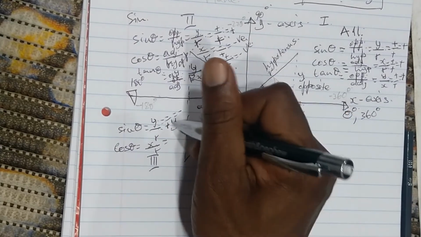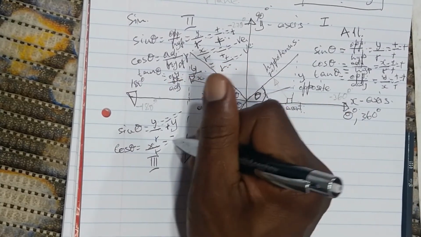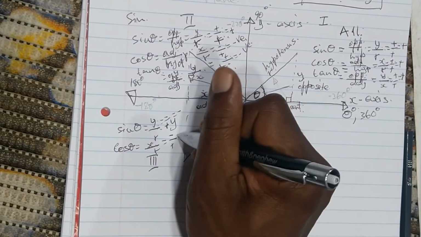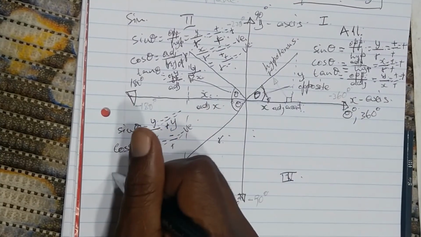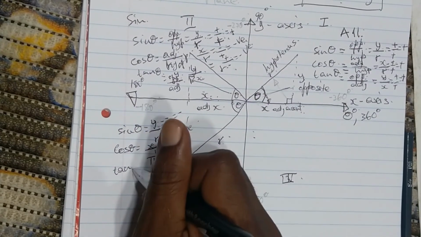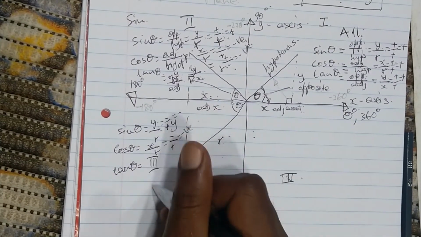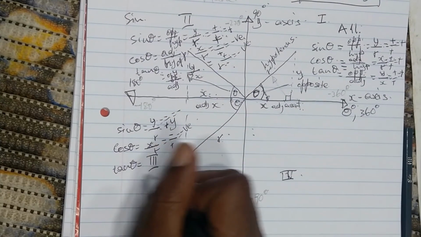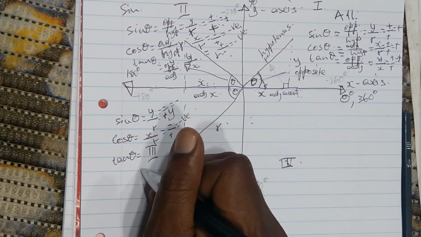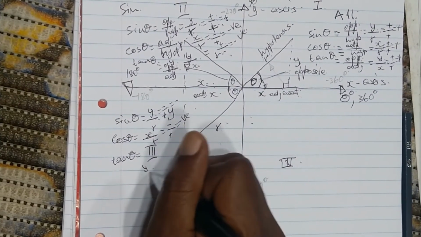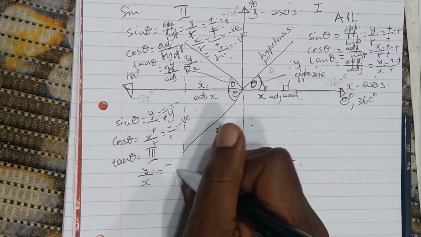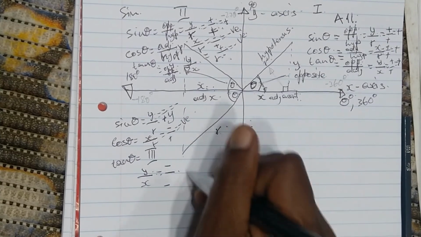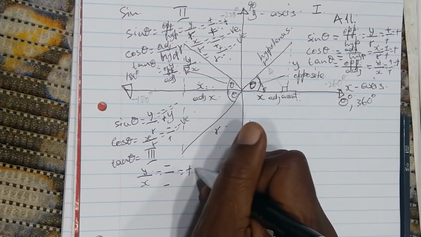Again here, x is negative over a positive, which gives us a negative. And then tan theta is opposite over adjacent, which is y over x. So y over x is negative over a negative, which gives us a positive.